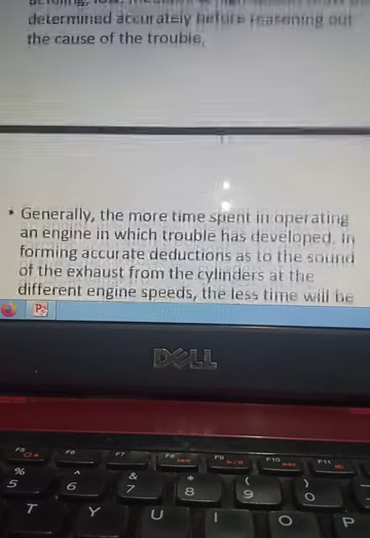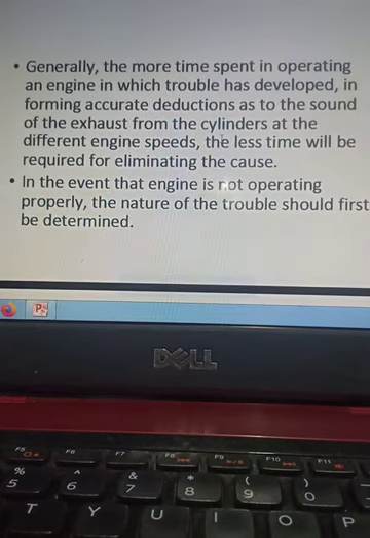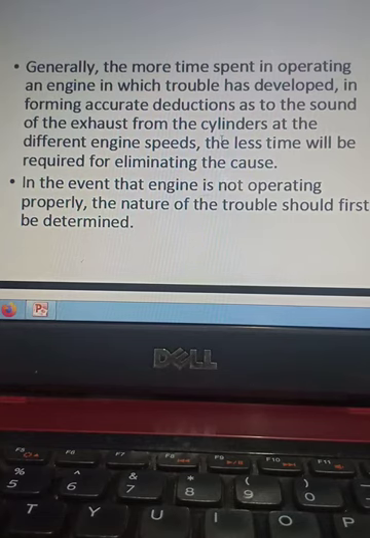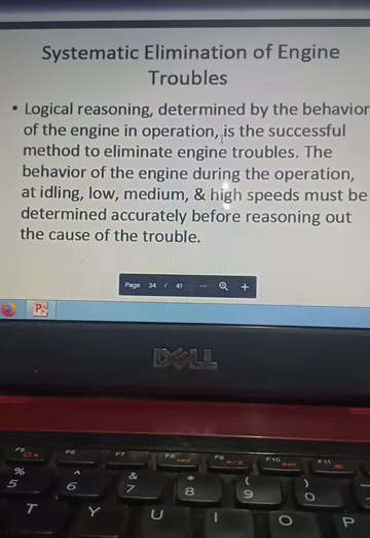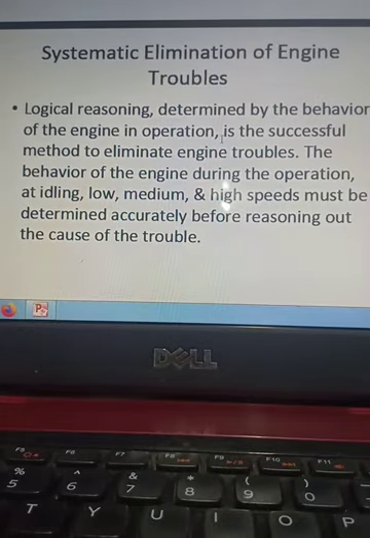So generally, the more time spent in operating an engine in which trouble has developed, in forming accurate deductions as to the sound of the exhaust from the cylinder at the different engine speeds, the less time will be required for eliminating the cause. So in eliminating, we have 4 types of speed, different types of engine operation.